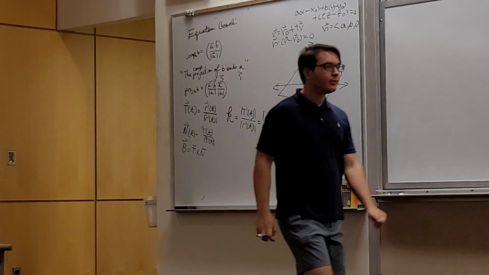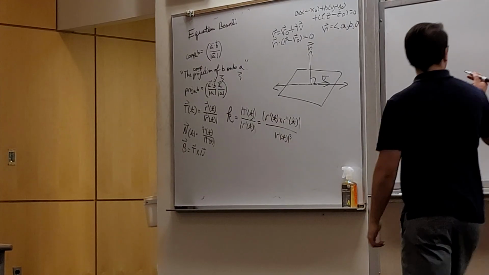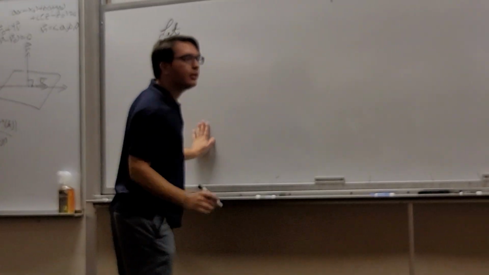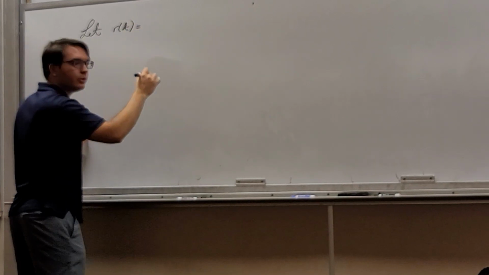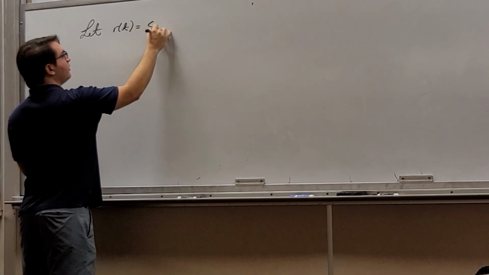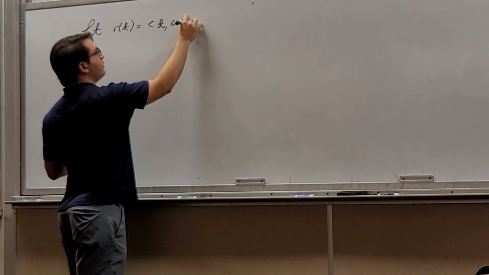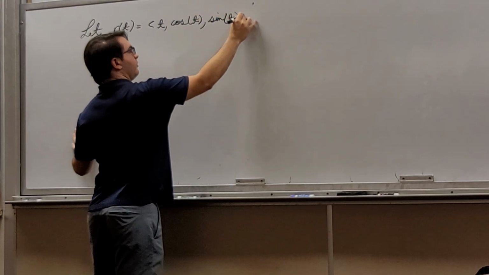Okay. All right. So now let r of t equal t, cosine of t, and sine of t.